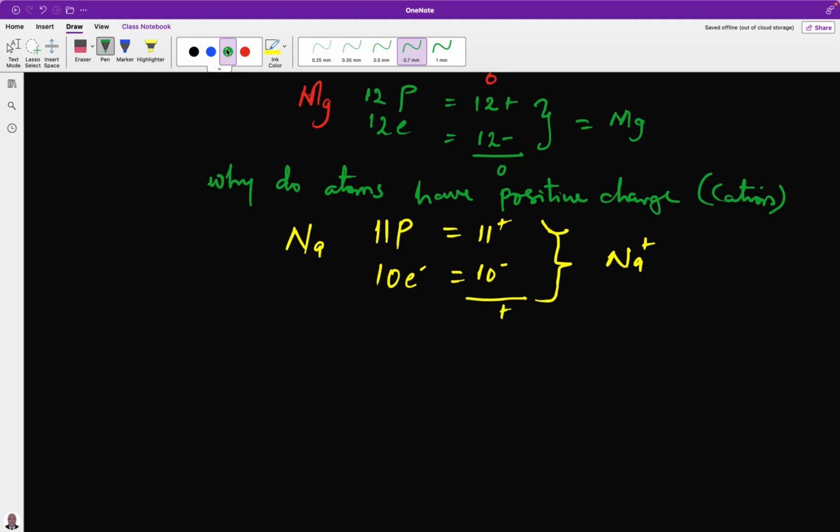I can give this question again. Why do atoms have negative charge? Or why are atoms anions?